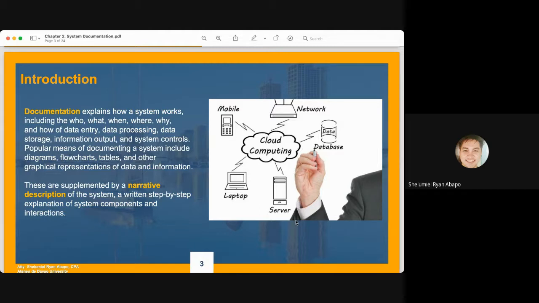Popular means of documenting a system include the use of diagrams, flowcharts, tables, and other graphical representations of data and information. While the use of graphical representation is the focus of our discussion under this chapter, bear in mind, class, that our system documentation is not devoid of narrative documentation.